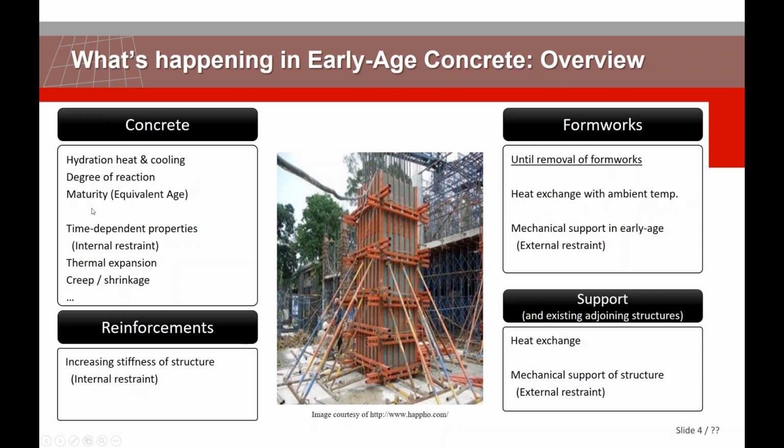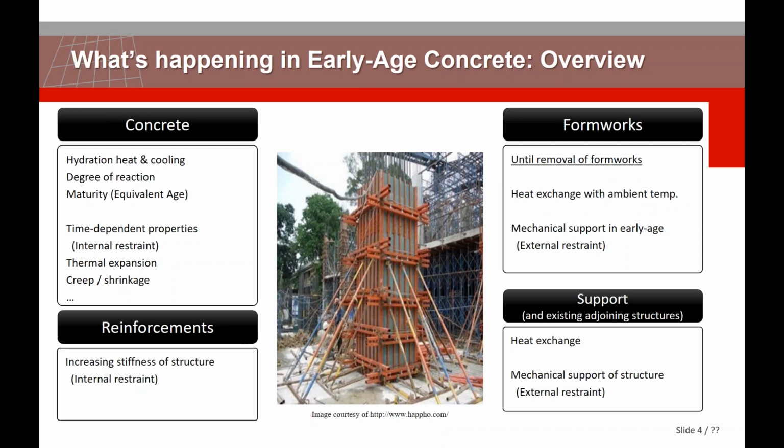And depending on this maturity, you will get time-dependent properties, for example, Young's modulus, tensile strength, and so forth. And this heat will cause thermal expansion and also creep and shrinkage, which we should consider in general.